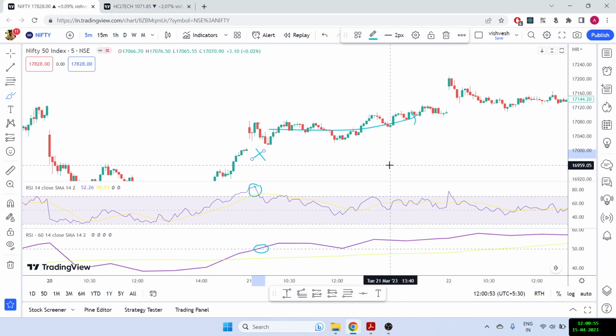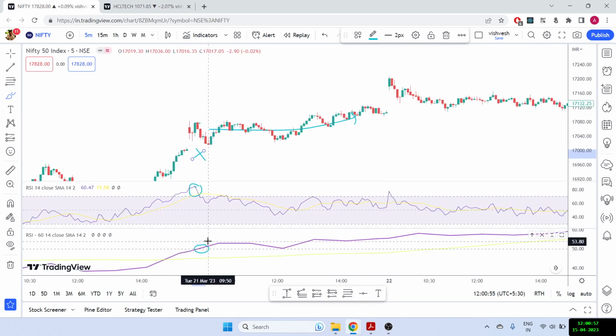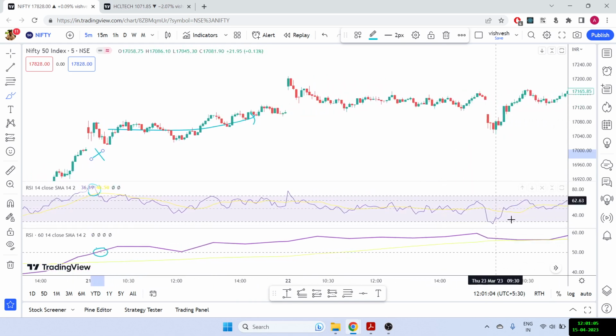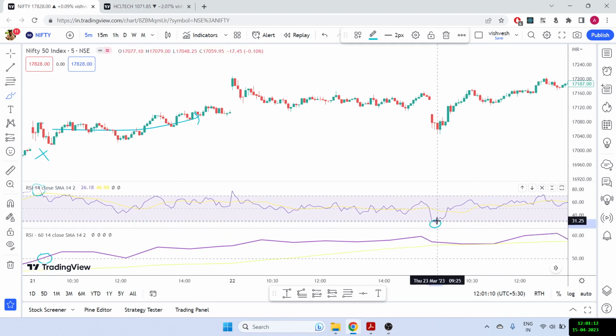Let's see if we get any other trade. Till the RSI on 60 is above 50, I will only buy in case the RSI on the normal time frame comes below 30. So let's see. This is where it happens. If you see here, the RSI on the normal time frame is below 30, and at the same time RSI 60 is above 50.